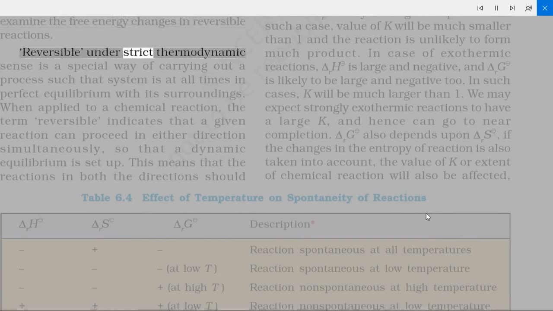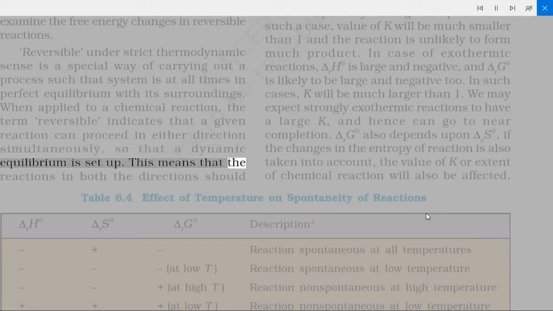Reversible, under strict thermodynamic sense, is a special way of carrying out a process such that system is at all times in perfect equilibrium with its surroundings. When applied to a chemical reaction, the term reversible indicates that a given reaction can proceed in either direction simultaneously, so that a dynamic equilibrium is set up.